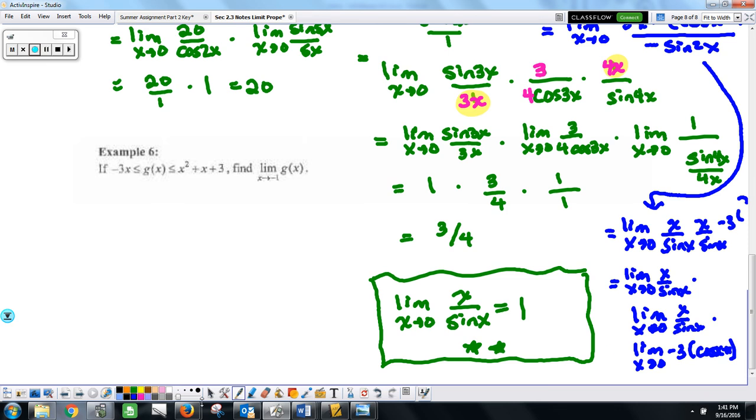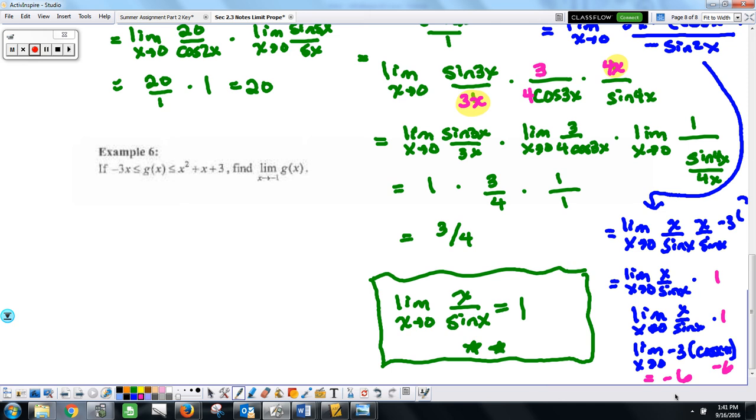And then I'm just going to change color so I can save some space. This limit is going to be 1. That limit is going to be 1. This one we plug in 0. Cosine of 0 is 1. 1 plus 1 is 2. 2 times negative 3 is negative 6. And so when I multiply these all out, my final answer is negative 6.